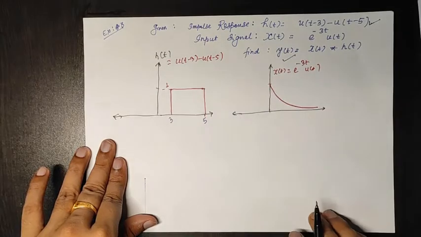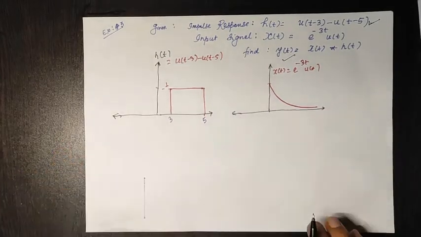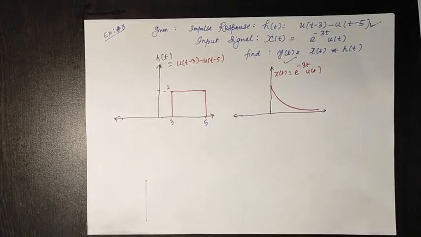This is the gate function. Now let us perform the convolution sum by the same method as we did in the last question.